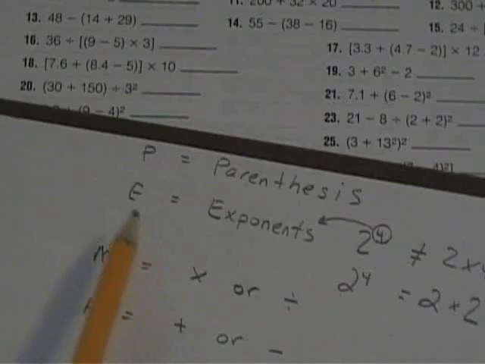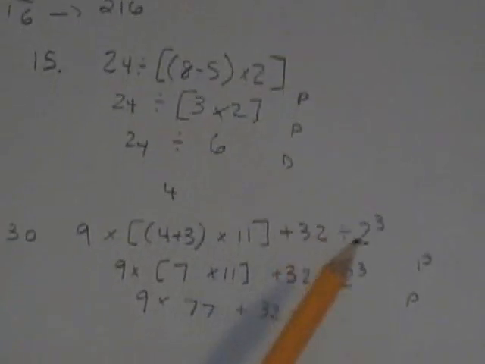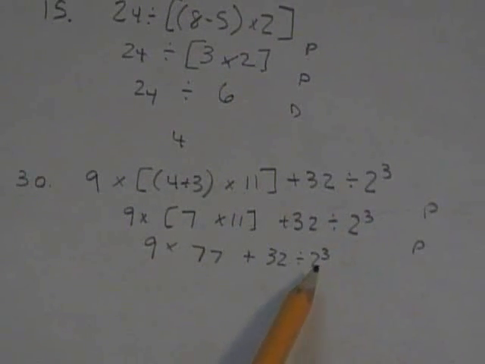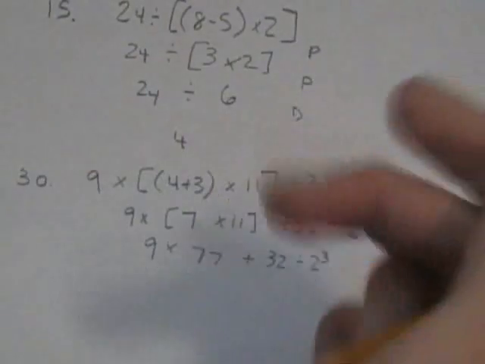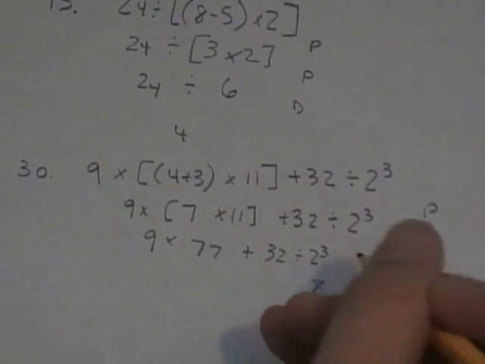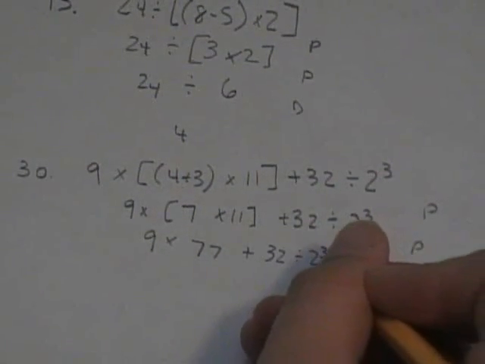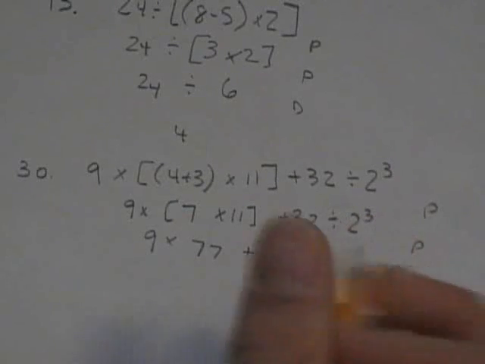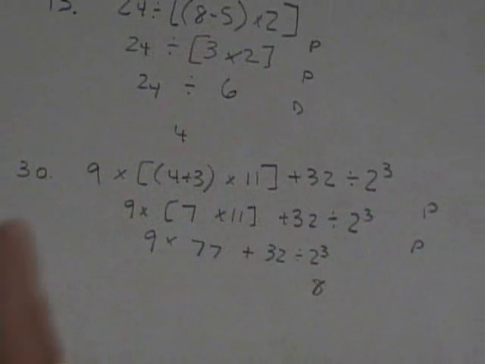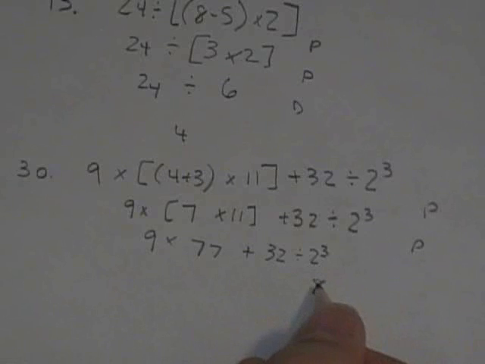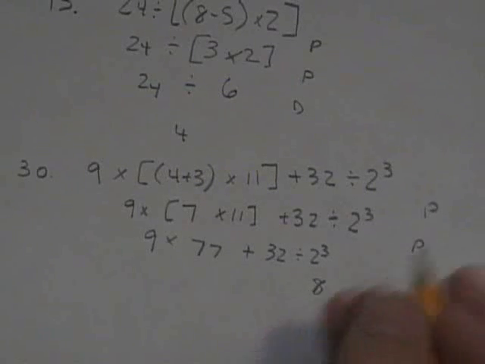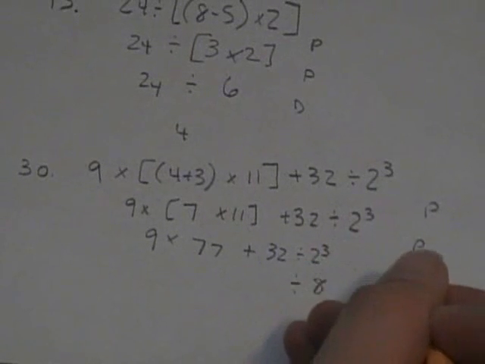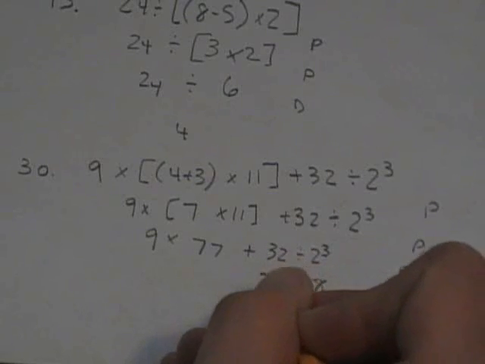Next step is exponents, little numbers. And I did see one, that's 2 to the third. So that is 2 times 2 times 2. So 3 times we're going to multiply by 2. 2 times 2 is 4. 4 times 2 is 8.